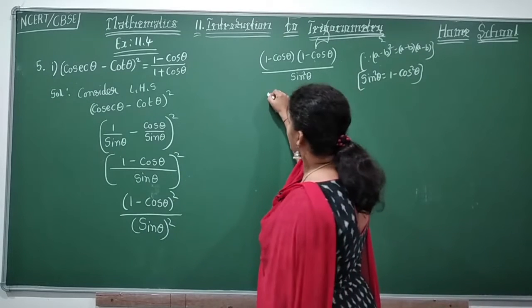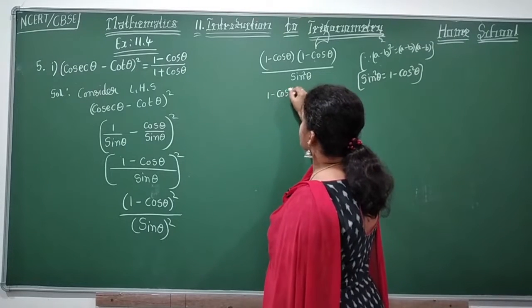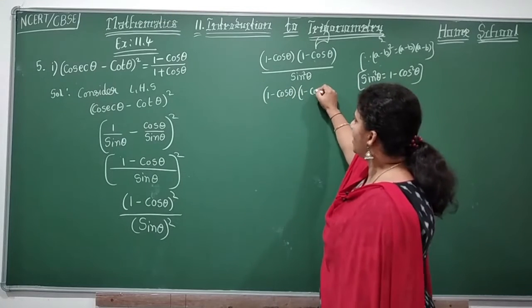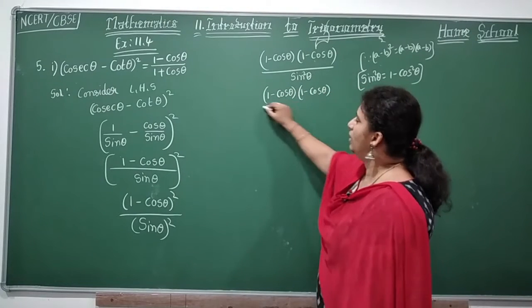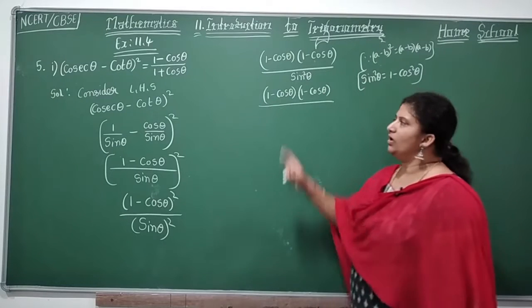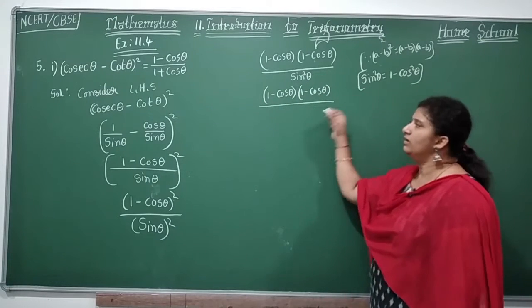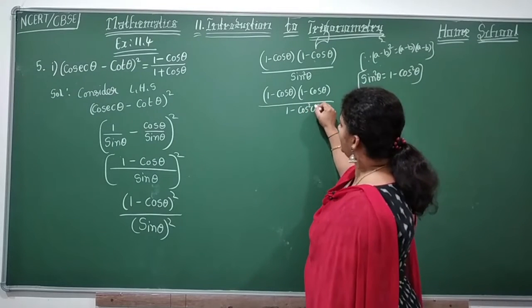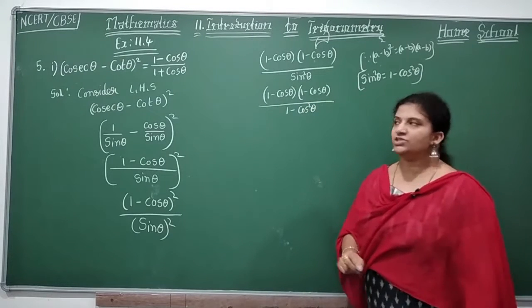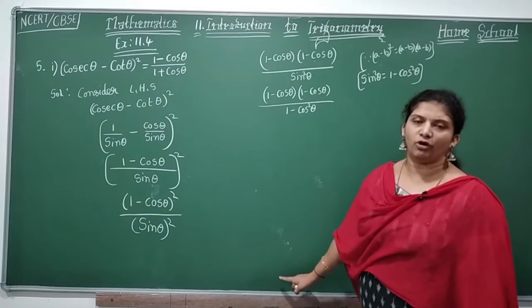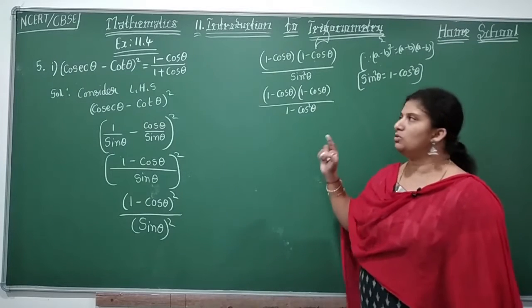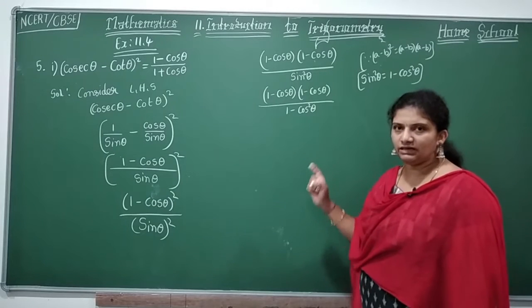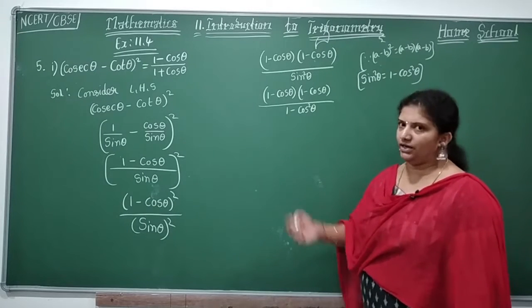So let's rewrite: 1 minus cos theta into 1 minus cos theta, divided by 1 minus cos square theta. When you understand the problem step by step, you can reduce some steps. First learn the lengthy process, then you can reduce.